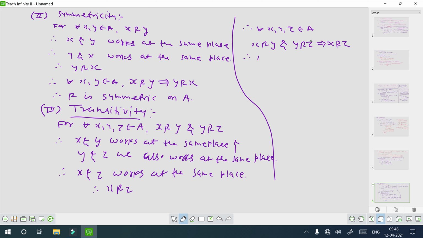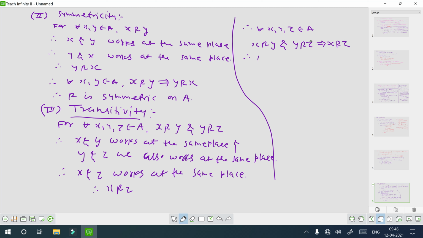So R is an equivalence relation on A. Clear?